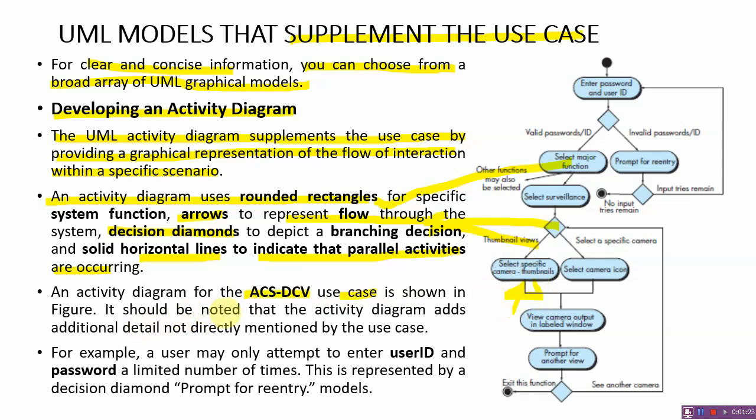It should be noted that the activity diagram adds additional detail not directly mentioned by the use case. Over here you can see a user may only attempt to enter user ID and password a limited number of times. This is represented by a decision diamond, which is not represented in the use case.